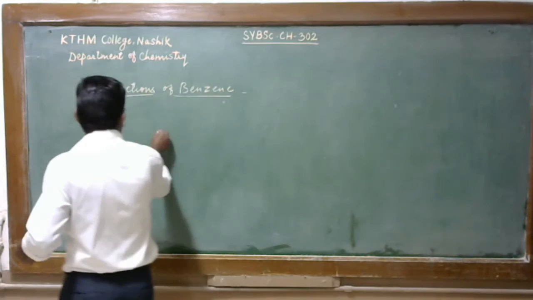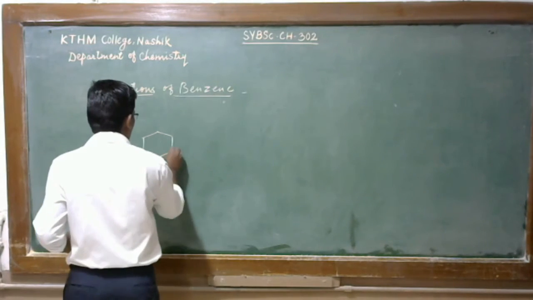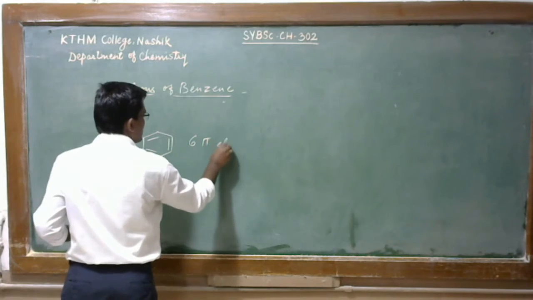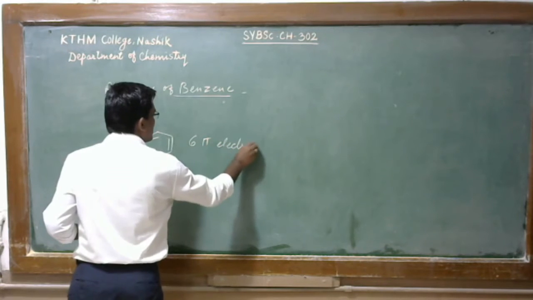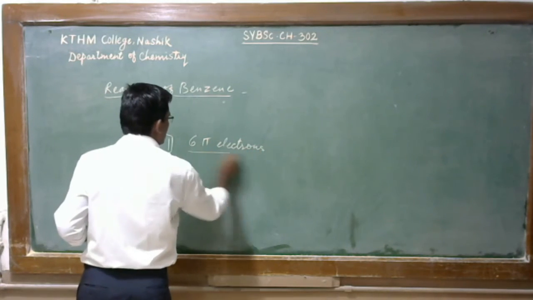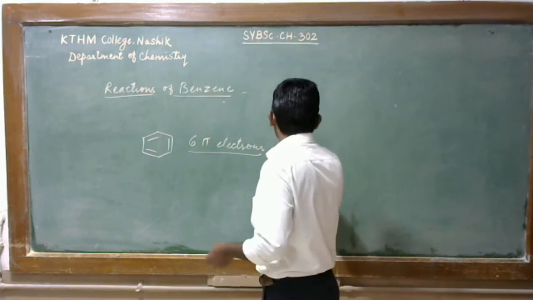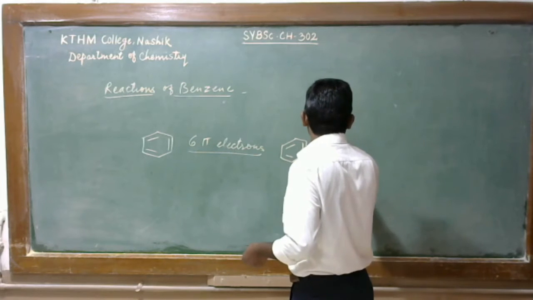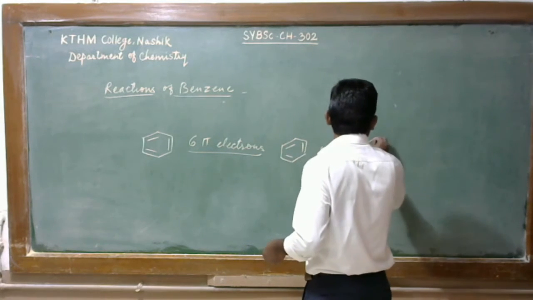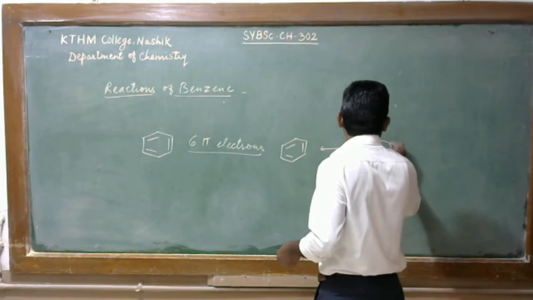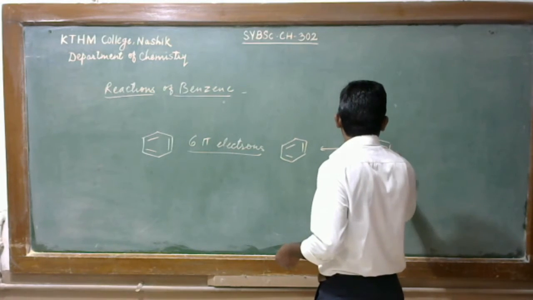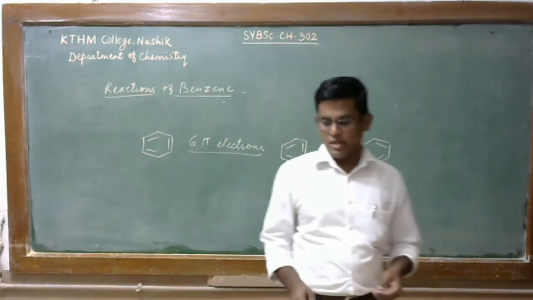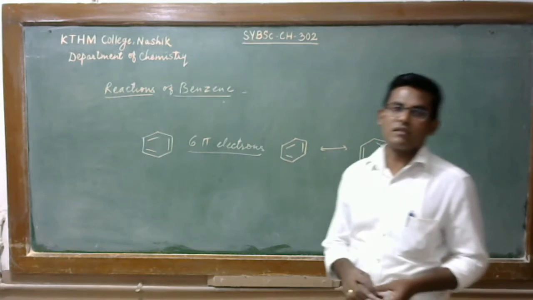So benzene is having 6 pi electrons. These two structures are in equilibrium. So these are the resonating structures.